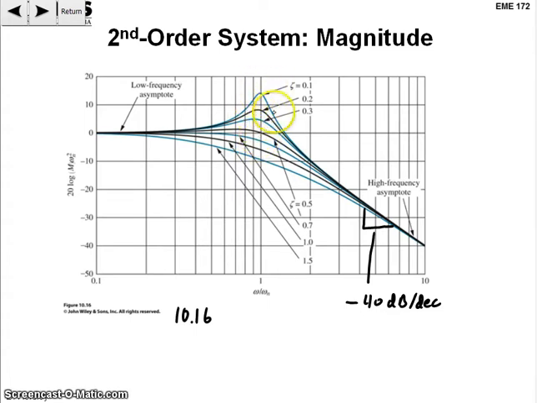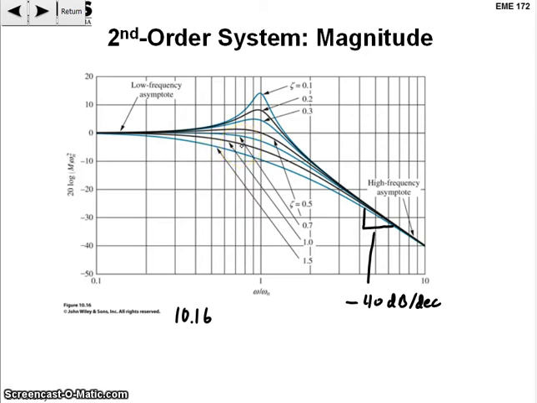Peaking is undesirable because it's associated partly with ringing, and it affects the settling time. So we usually don't want low values of zeta because we have too much overshoot, and we don't want large overdamped systems because we have less bandwidth from our actuator.